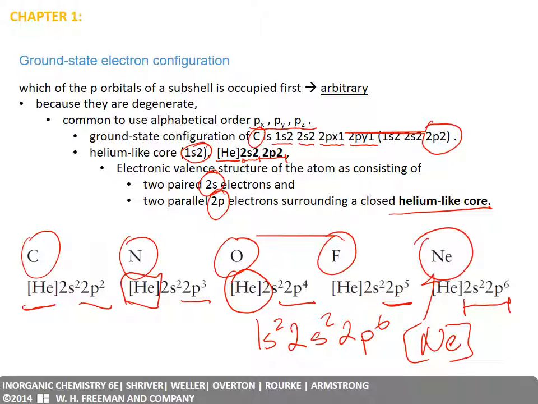I hope that makes sense, because if we start getting larger and larger and need to write this whole thing out, it will become just too cumbersome. Therefore, just using neon for this whole thing becomes a lot easier.